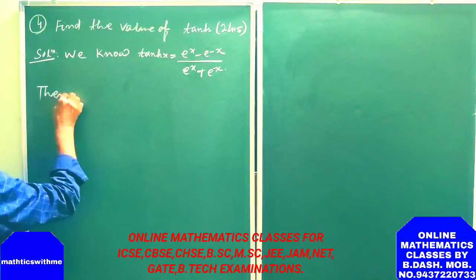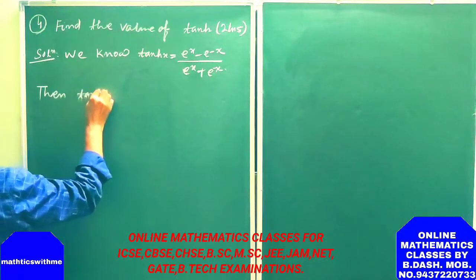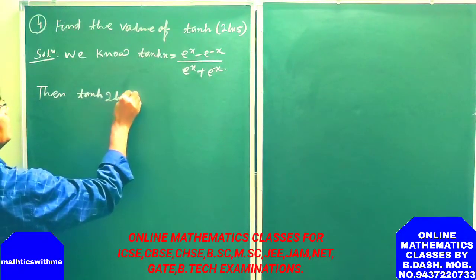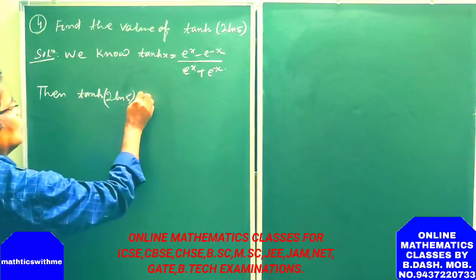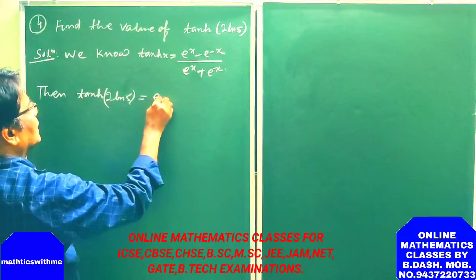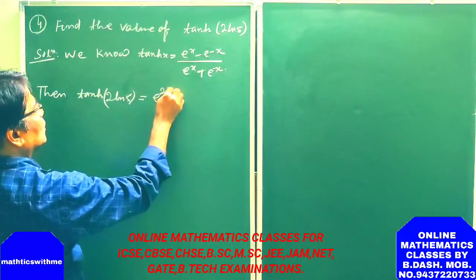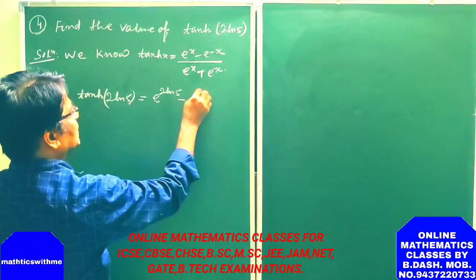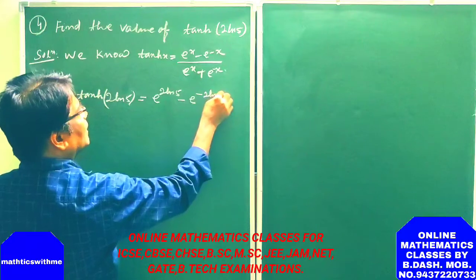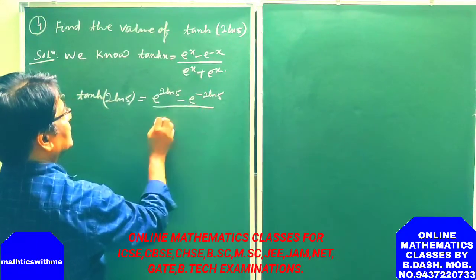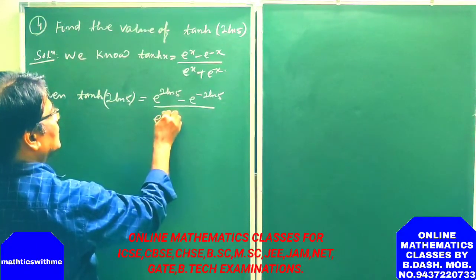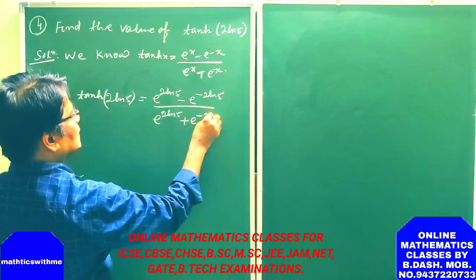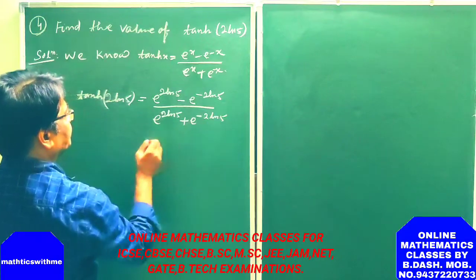Then tan hyperbolic 2 ln 5 is equal to e to the power 2 ln 5 minus e to the power minus 2 ln 5 divided by e to the power 2 ln 5 plus e to the power minus 2 ln 5.